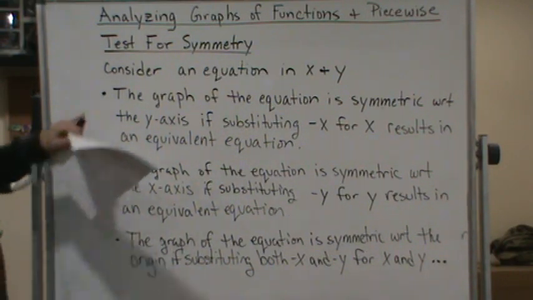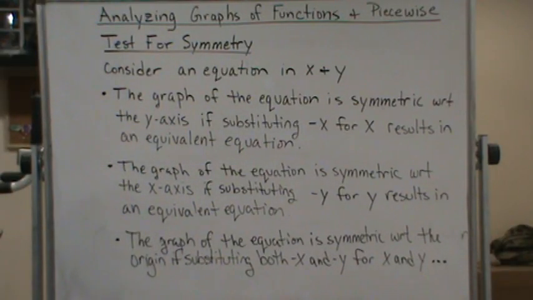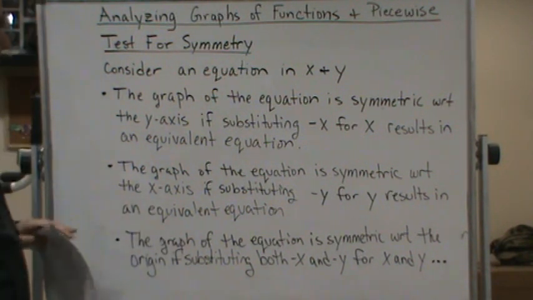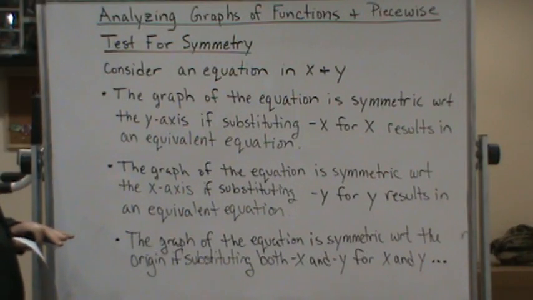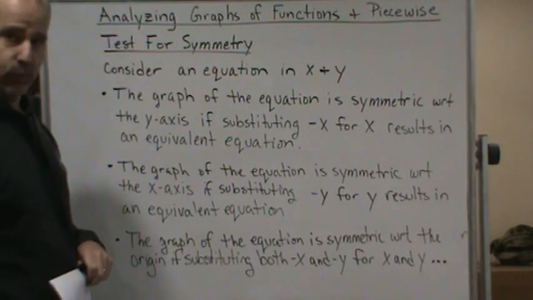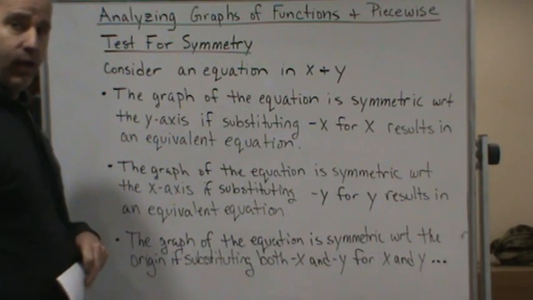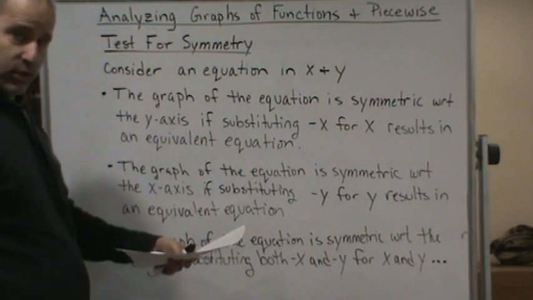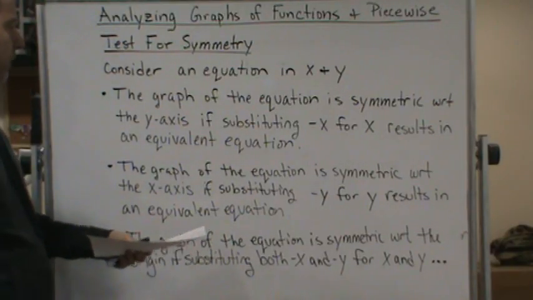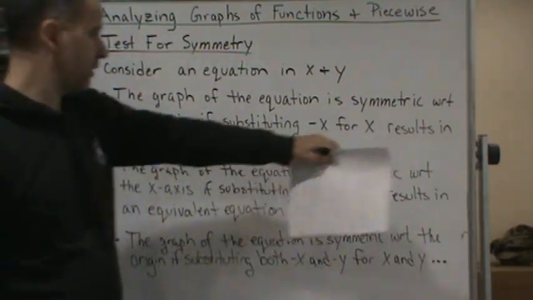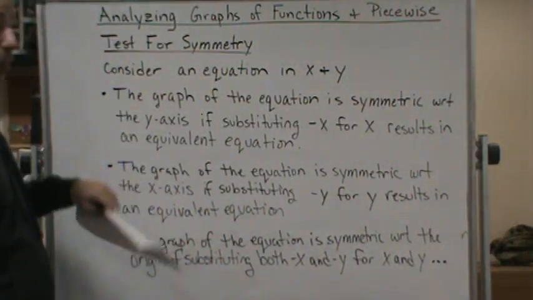So if we consider an equation in x and y, we look at the graph of the equation, and this is what we're looking for. If we substitute negative x for x, so in the equation we take x and replace it with negative x, and after doing that substitution it results in an equivalent equation, which means we get the same equation back, that will tell us that the graph of the equation will be symmetric with respect to the y-axis.